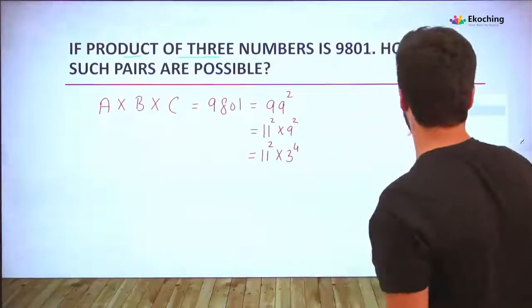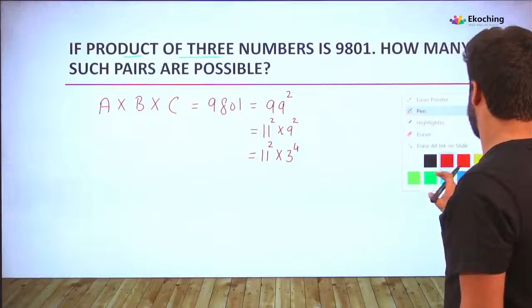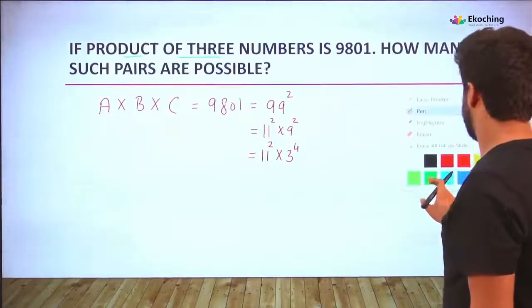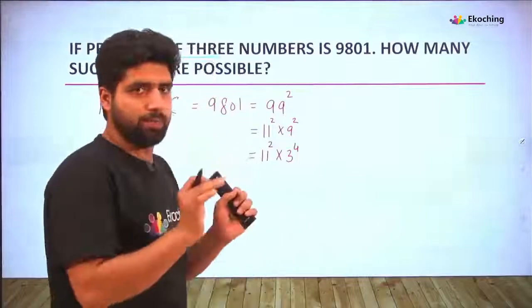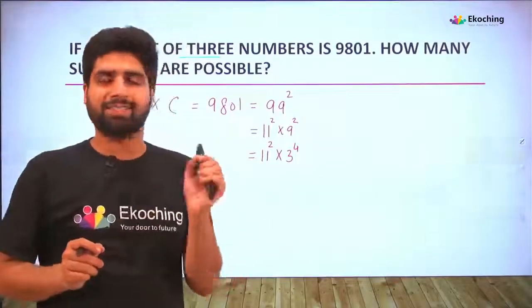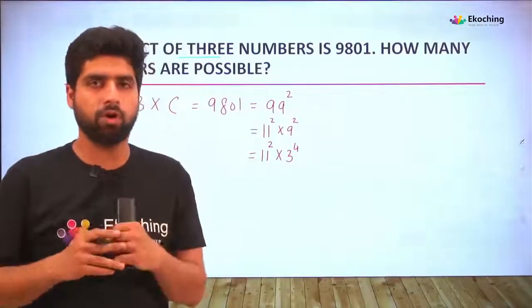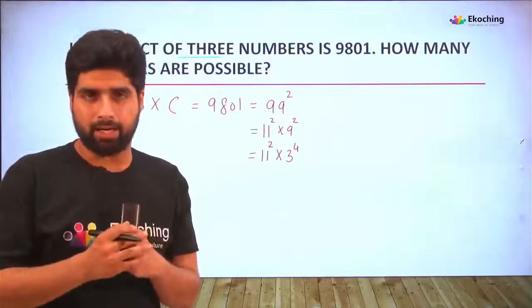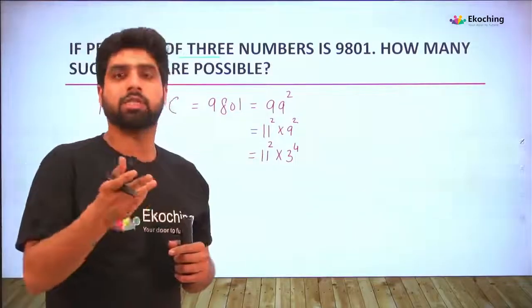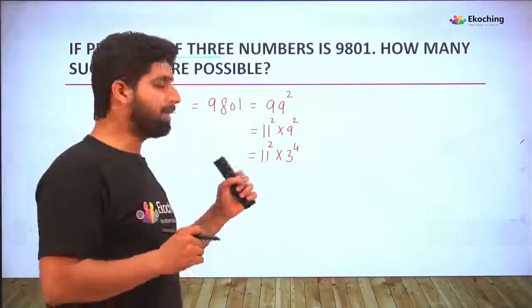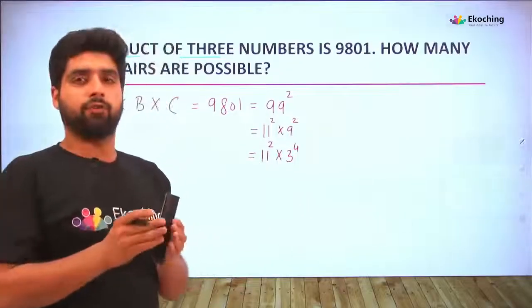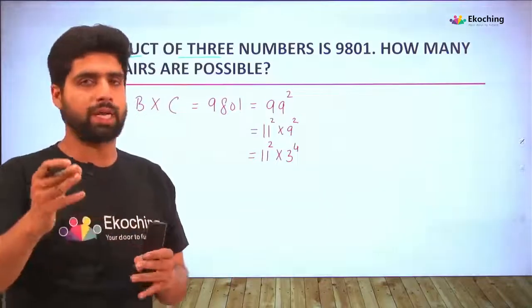So yes, A into B into C must be equal to 11 square into 3 power 4. So that means A, B and C can carry any power of 11, whether 0, or 1, or maximum 2. And in case of 3, it can lie from 0, 1, 2, 3 and 4.